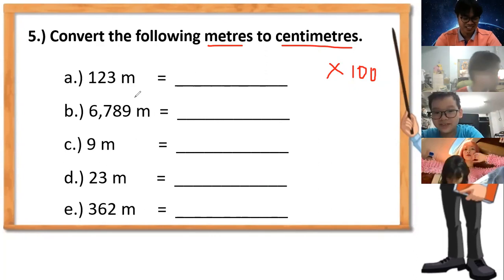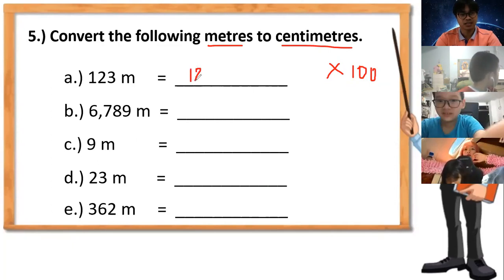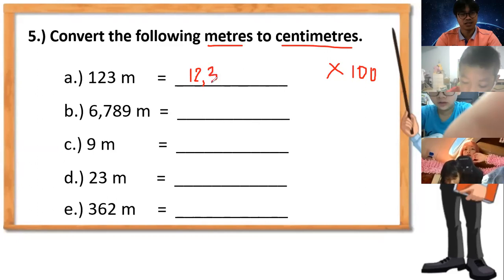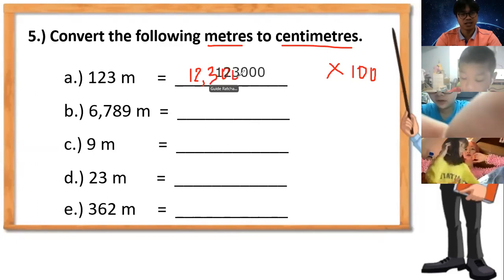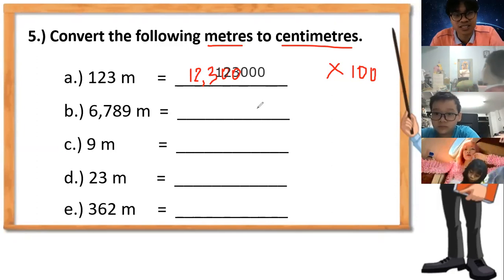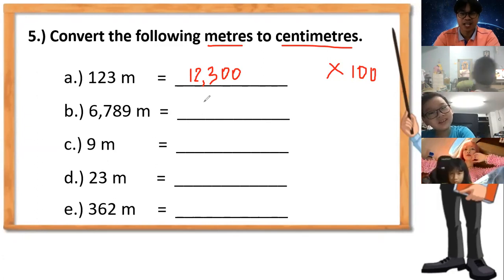Just add 2 zeros. Just add 2 zeros. Times 100.